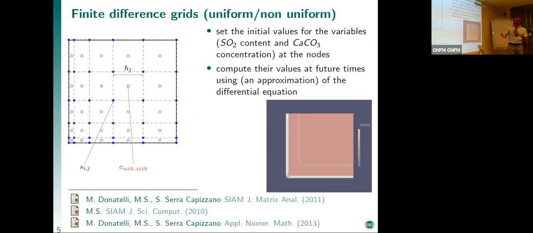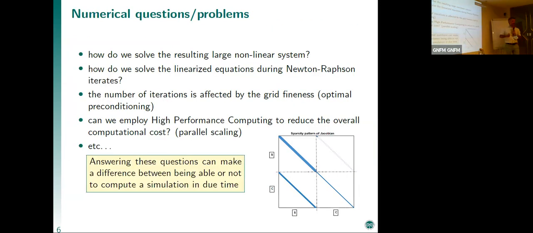Basically, in order to compute the evolution in time of these variables, we have to solve a large number of more or less difficult mathematical problems, like solving large nonlinear systems of equations, and in turn large linear systems of equations. And we have to ask ourselves: is my code efficient? Does it speed up correctly if I run it on a large supercomputer rather than on my laptop?